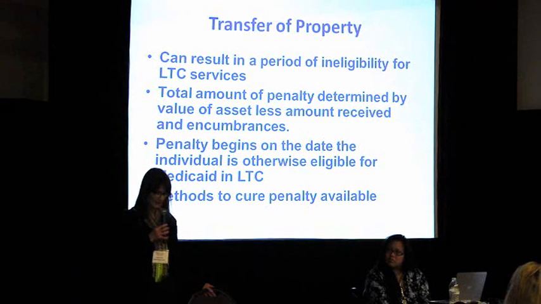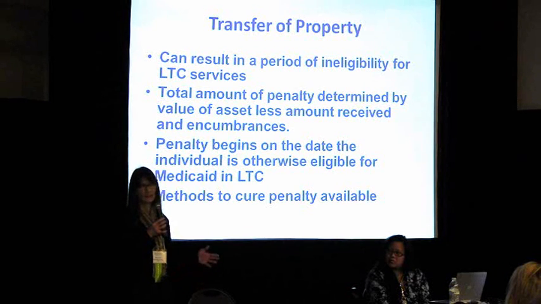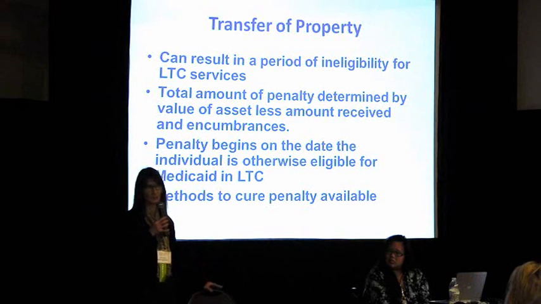When we actually look at what a transfer of property is and how much to penalize, the total value of the penalty is determined by taking the total value of the asset and then reducing it by the amount they received if they sold the property or got anything in return for the property, or any encumbrances. Those would be things like mortgages or notes or loans held against the property.